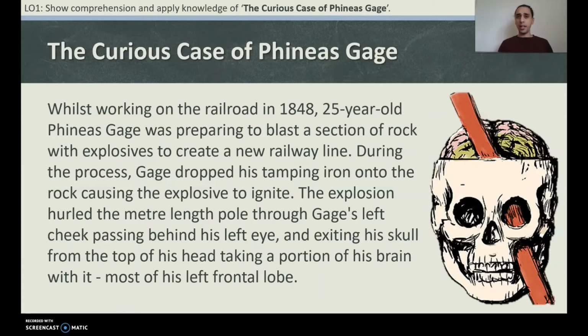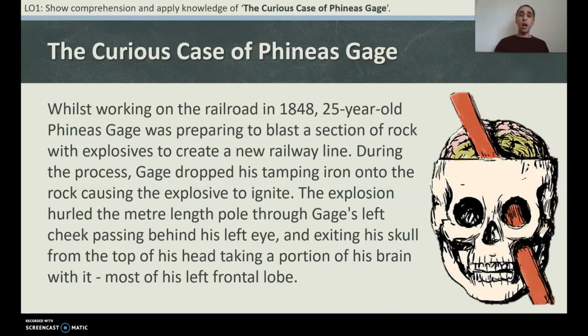Whilst working on the railroad in 1848, 25-year-old Phineas Gage was preparing to blast a section of rock with explosives to create a new railway line. During the process, Gage dropped his tamping iron onto the rock, causing the explosive to ignite.